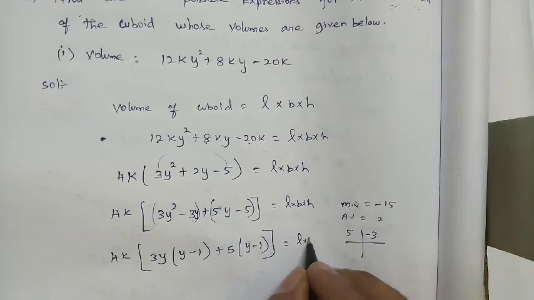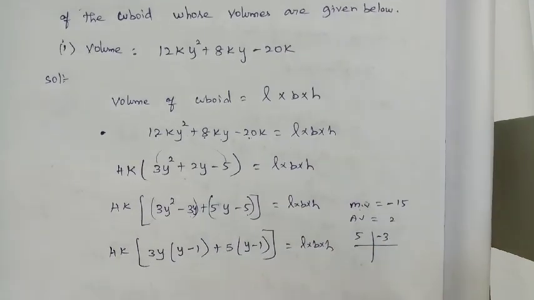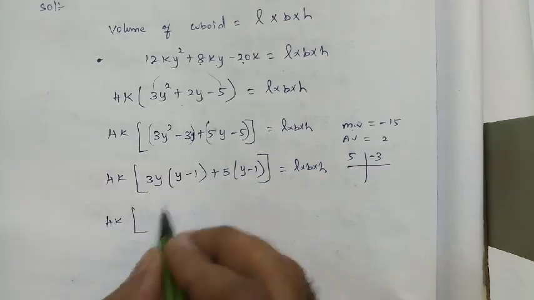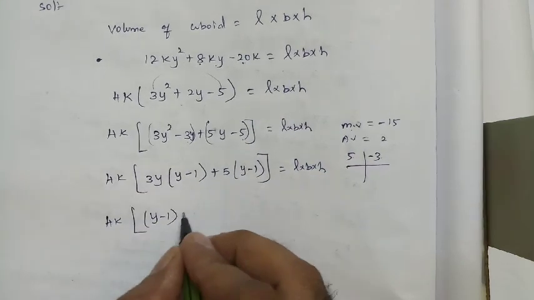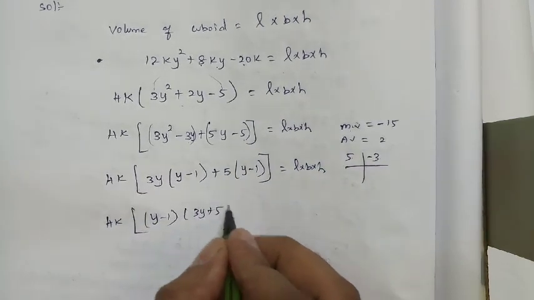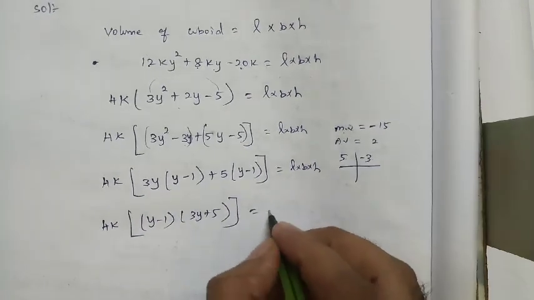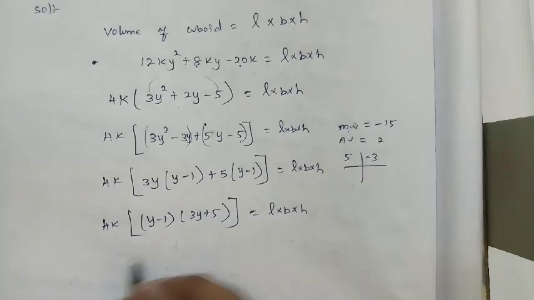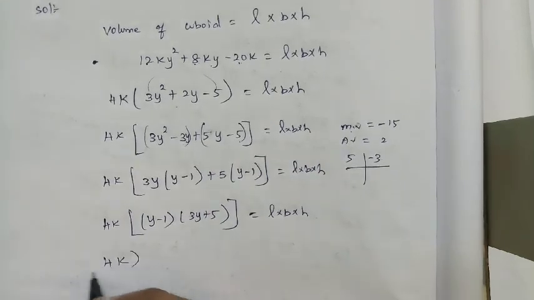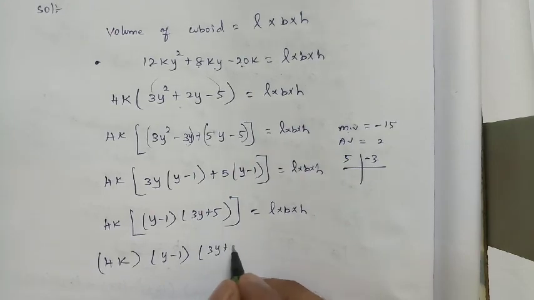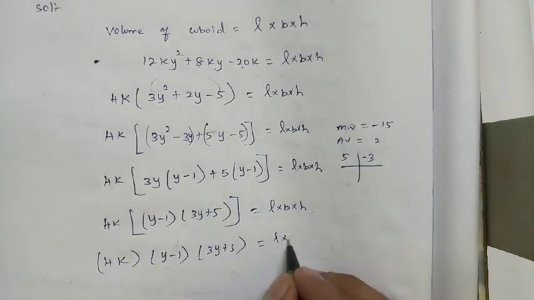It is equal to L into B into H. So it is nothing but 4k into (y − 1) into (3y + 5) is equal to L into B into H.